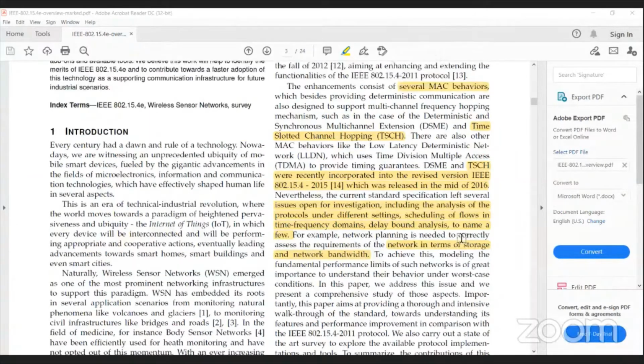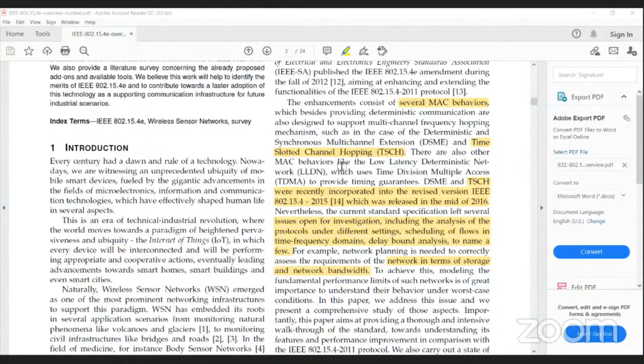If you look at TSCH, it's called the time slotted channel hopping scheme. And then there is the low latency deterministic network, LLDN. Okay. The point is that TSCH is also called a deterministic MAC, but you can't call it a low latency MAC. This is important. Please differentiate between the two.